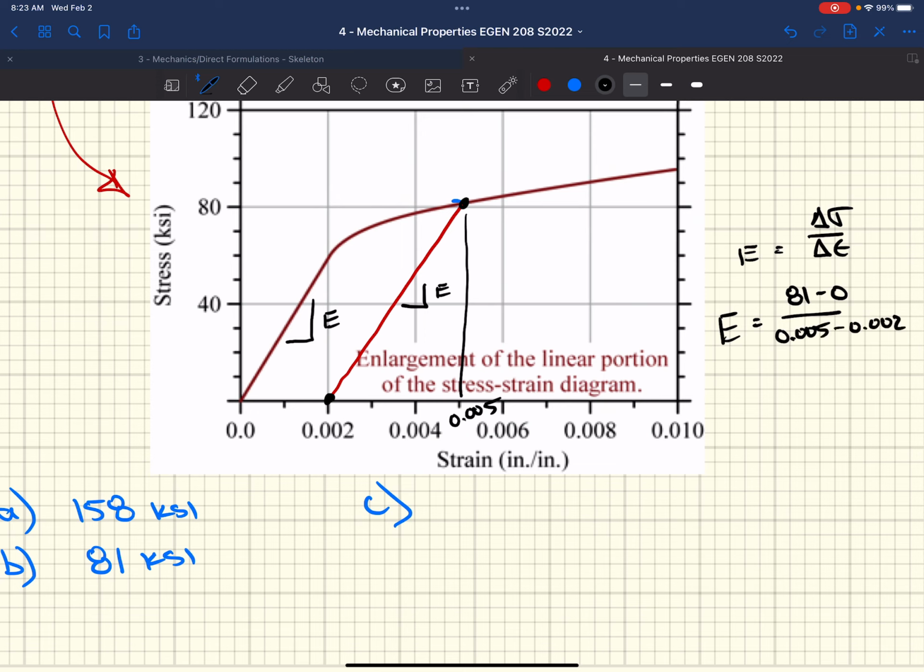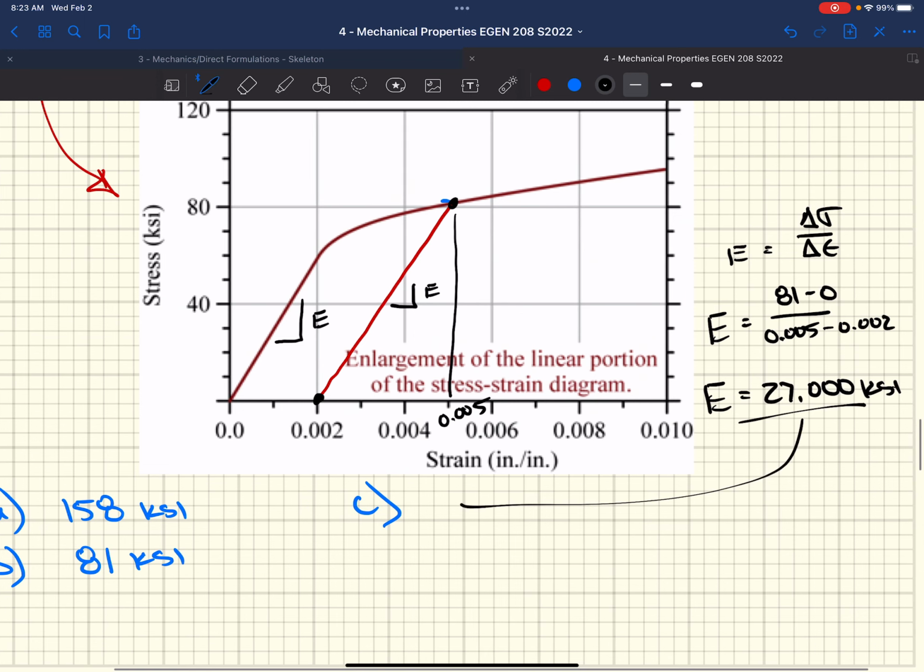We traveled 0.003. Now I'm going to have to recalculate this because you guys use different numbers. E equals 27,000 KSI. And that's part C.